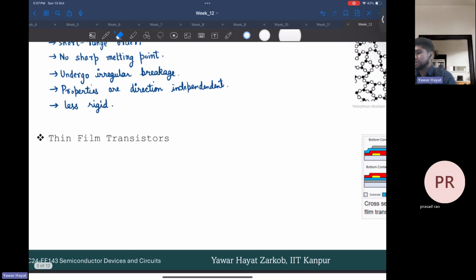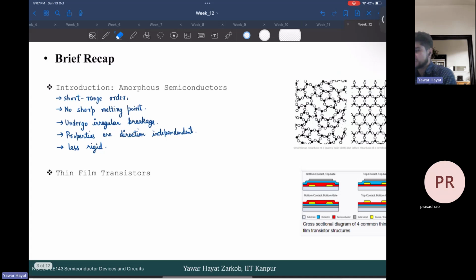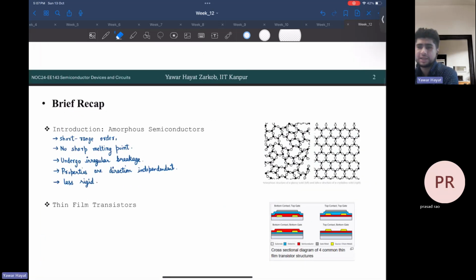Then we have thin film transistors. What about thin film transistors? How would you define them? How do they differ from our normal field effect transistor? Can you write that in the chat window?